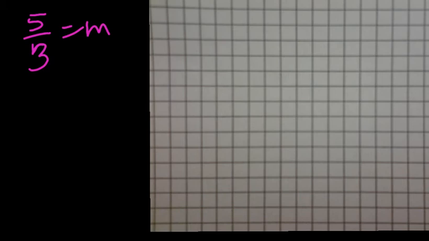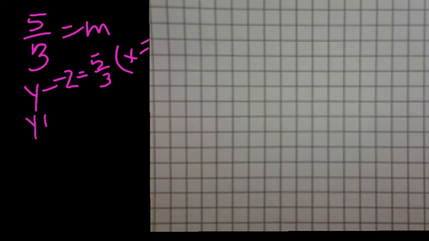I'll start with the negative 2, and we'll go y minus negative 2 equals, put your slope in, 5/3 times x minus negative 2. Now in the final product, that's going to become y plus 2 equals 5/3 times x plus 2.